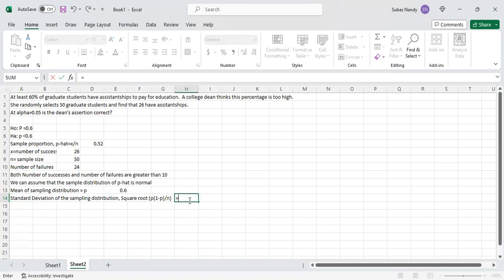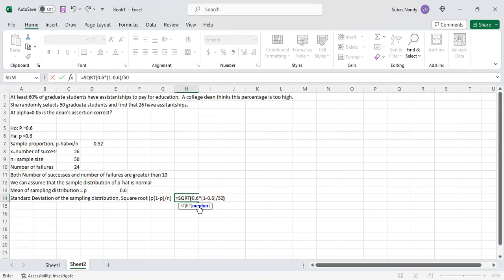And in our case, this is equal to the square root of P, my hypothesized population proportion 0.6, multiplied by 1 minus 0.6, divided by the sample size N, which is 50.